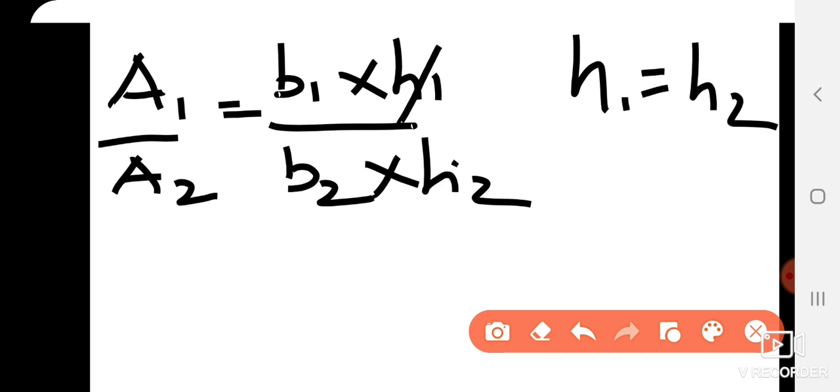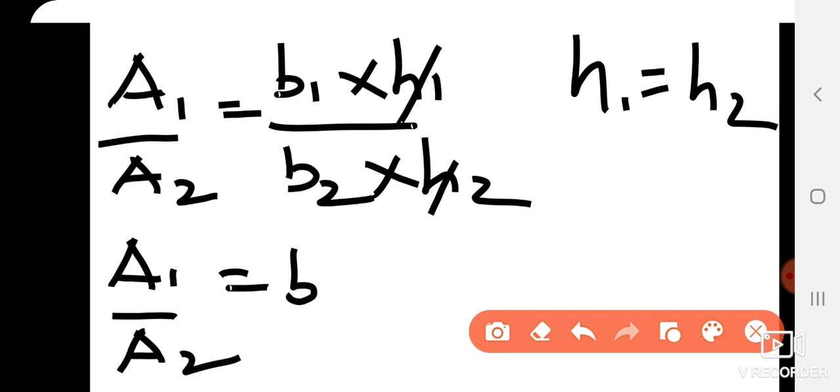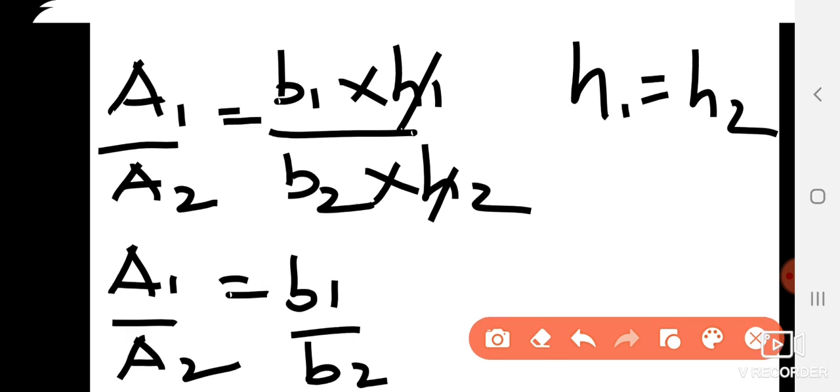So H1 and H2 will cancel. What we have here is A1 upon A2 is equal to B1 upon B2. So we can say the ratio of areas of two triangles with equal height is equal to the ratio of their corresponding bases. You need to learn this also by heart. We'll be solving sums in the first exercise.